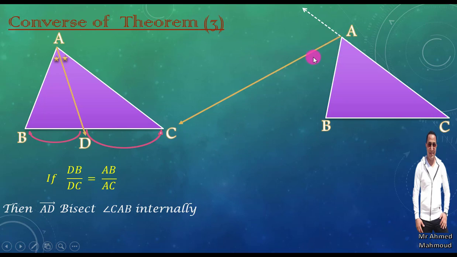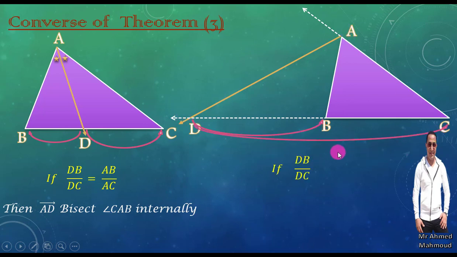To prove that this line is the external bisector, we connect BC and extend it to intersect this line at D. Now, to prove that this line is a bisector, we need to prove that DB over DC equals BA over AC.